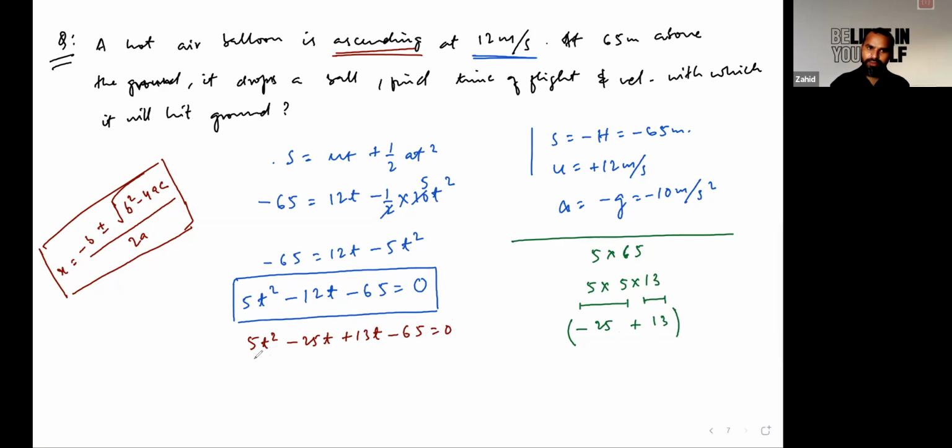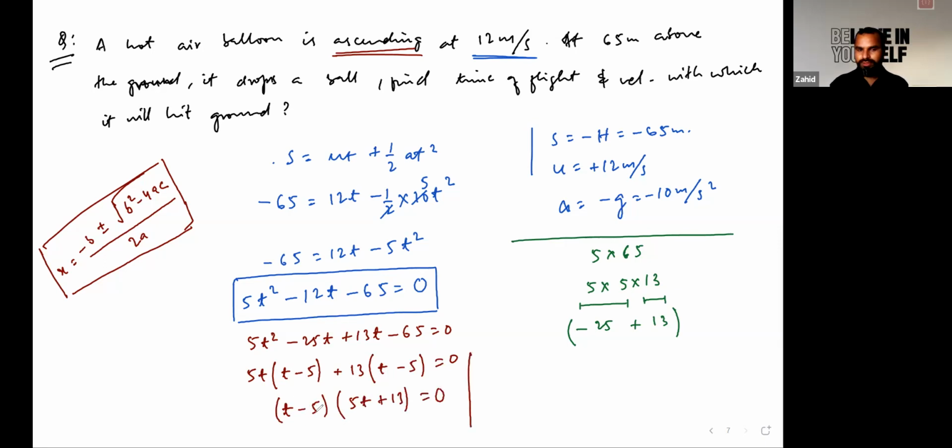Take 5t common in these two parts, so it will be 5t times t minus 5, plus 13 common, so it will be t minus 5. t minus 5 is common in either term, so it will be t minus 5 times 5t plus 13 equals 0.